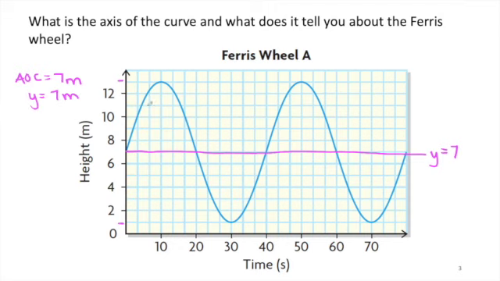Okay. And what does it tell you about the Ferris wheel? So if you're picturing a Ferris wheel, this is the minimum that the Ferris wheel goes, and this is the maximum. Well, this is right in the middle. So if you picture a Ferris wheel, right in the middle would be this point here. What is that point called?